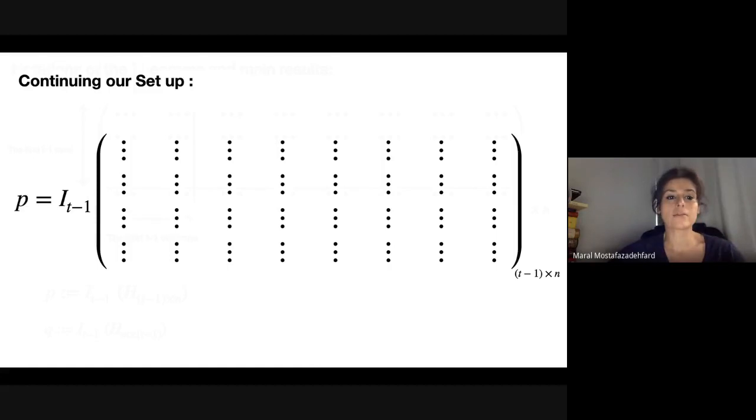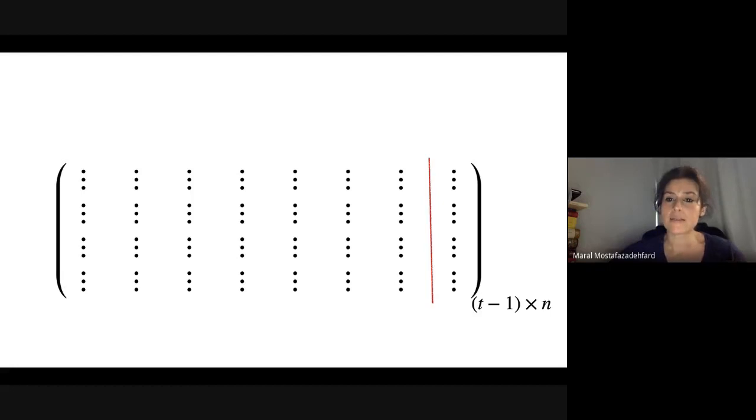Actually P is generated by the minors of a Hankel matrix of size t minus 1 by n. And if you continue in this sense, omitting the last column and considering the ideal generated by the other part of the matrix, we denote it by P, fake power 2.